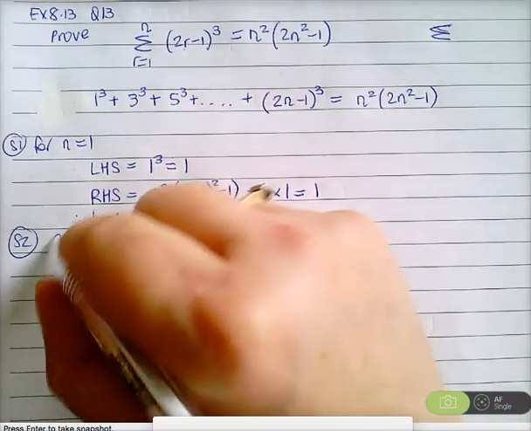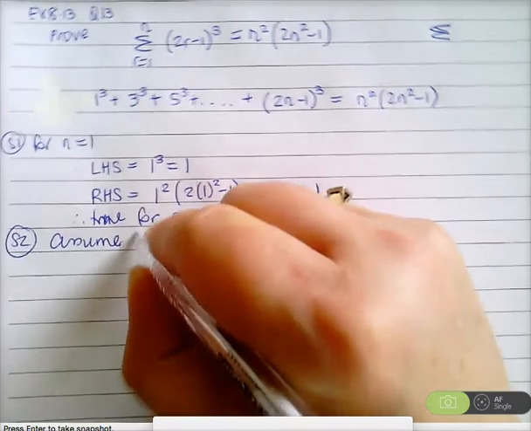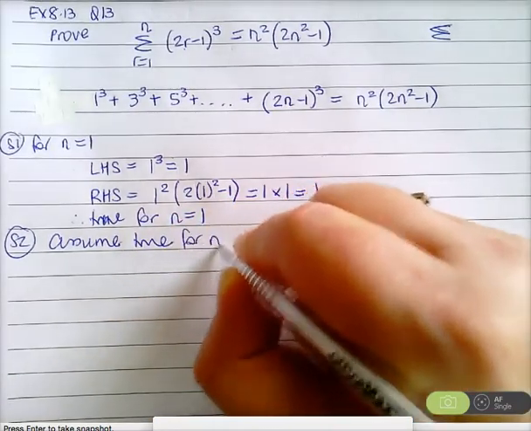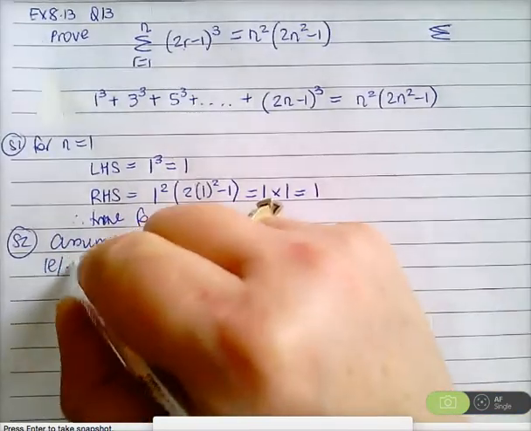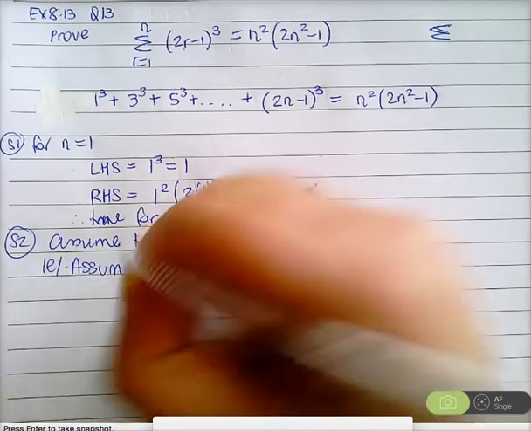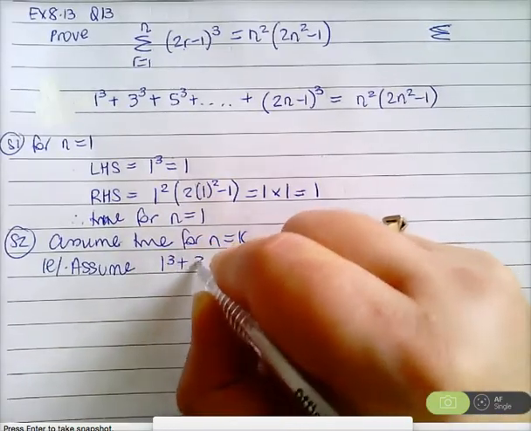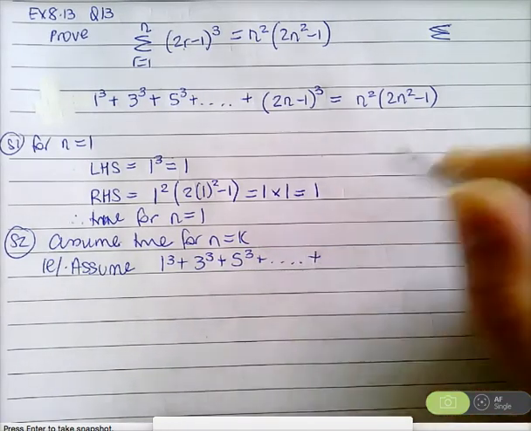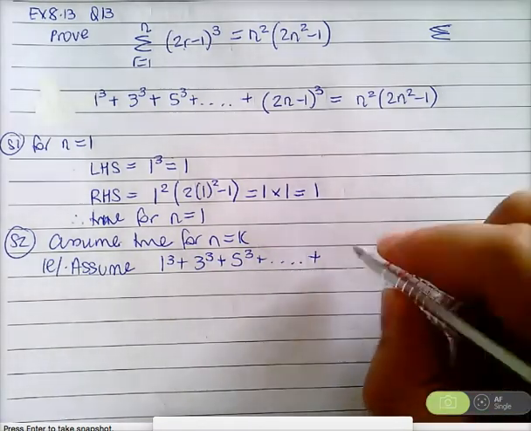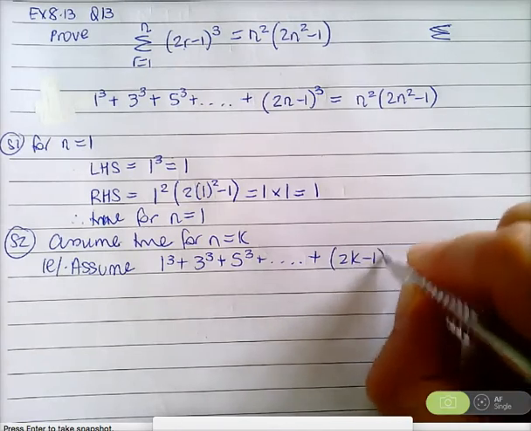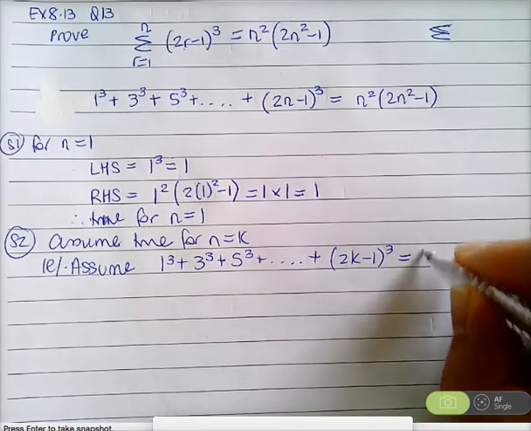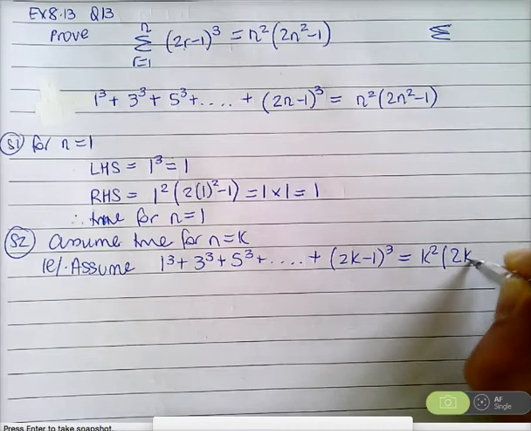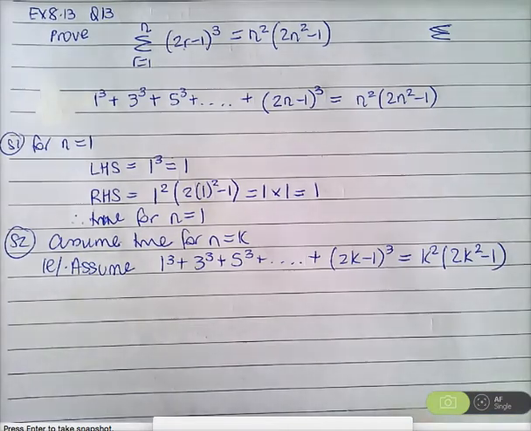Step 2, assume true for n is k. That is, we are assuming that 1 cubed plus 3 cubed plus 5 cubed all the way up to 2k minus 1 cubed equals k squared, 2k squared minus 1.